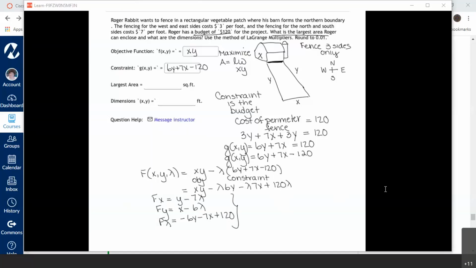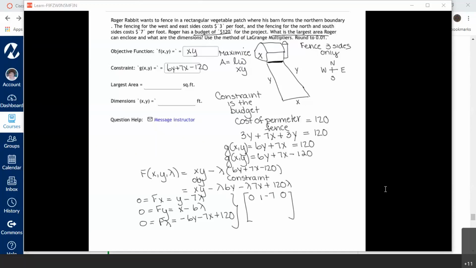What's good about this is these 3 equations are all linear in x, y, and lambda. So basically, if you were to transpose them into a matrix, you would get: there's no x's, there's one y, and there are -7 lambdas, and the right-hand side is 0. Basically, these are all set to 0, so you can get your critical point.